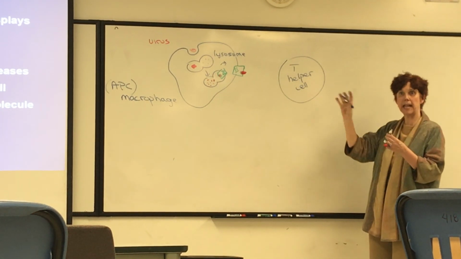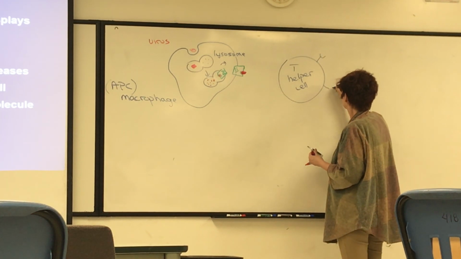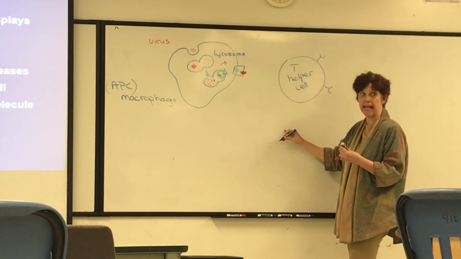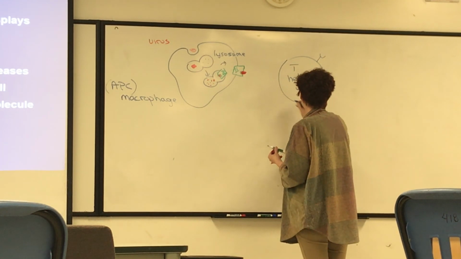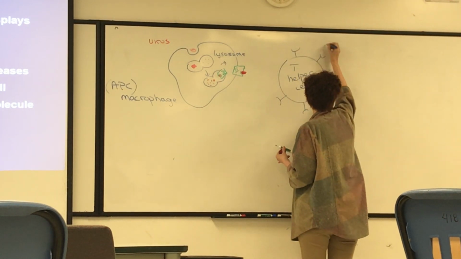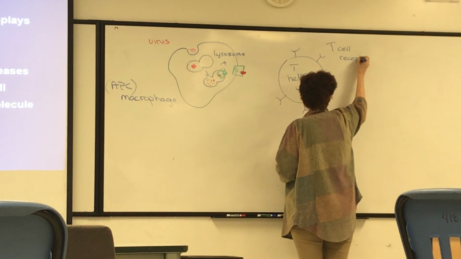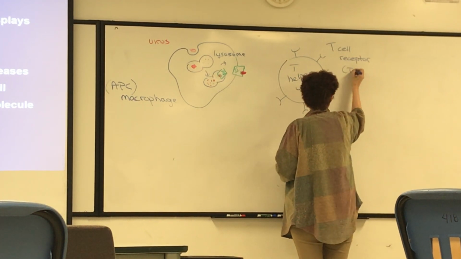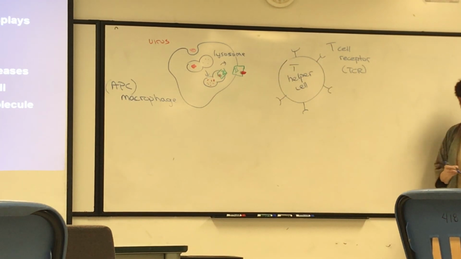And T helper cells have cell markers on their surface. These are not antibodies. They will be antibodies when we talk about the B cell, but in the T helper cell and the T killer cell, these are not antibodies, but we call them T cell receptors, or TCR. And they are all identical to each other, all right?